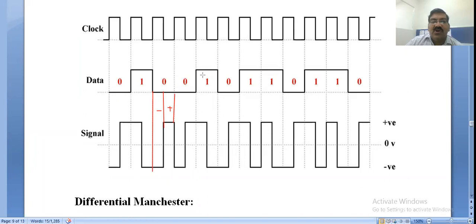And again for the 0, a negative pulse followed by a positive pulse. Now we will see for the 1. For the 1, it is a positive pulse followed by a negative pulse. So there is continuously a change.